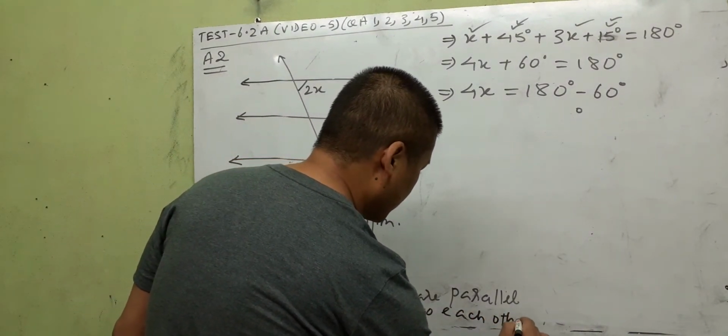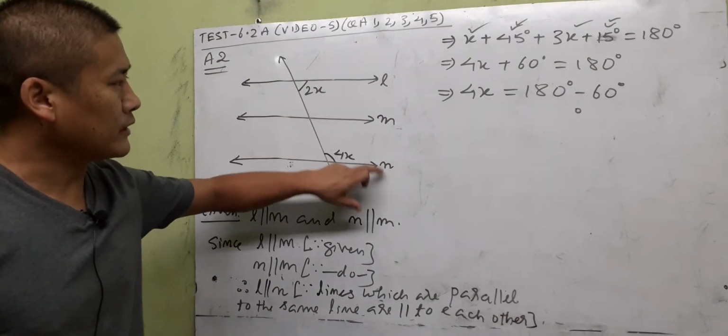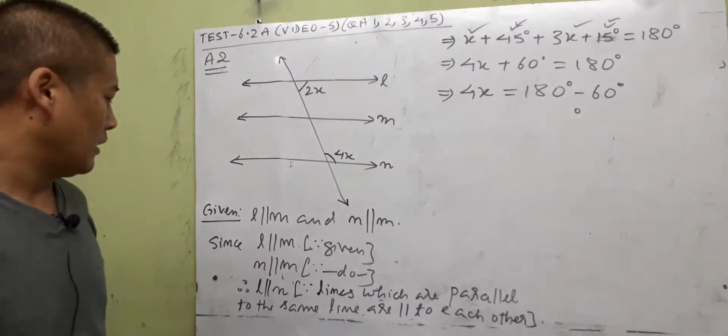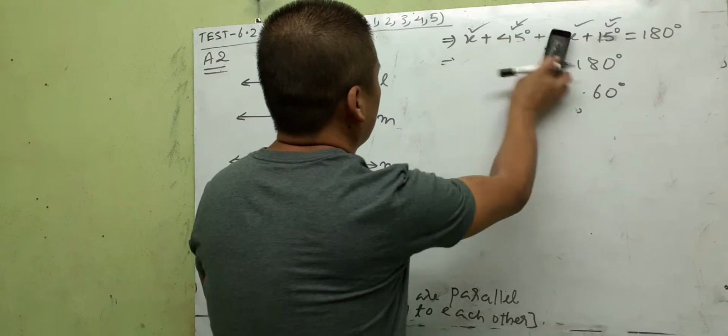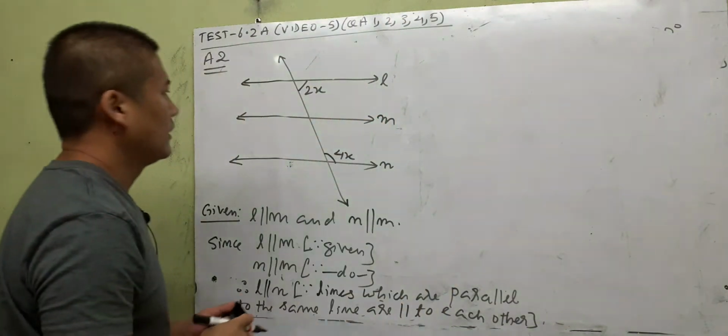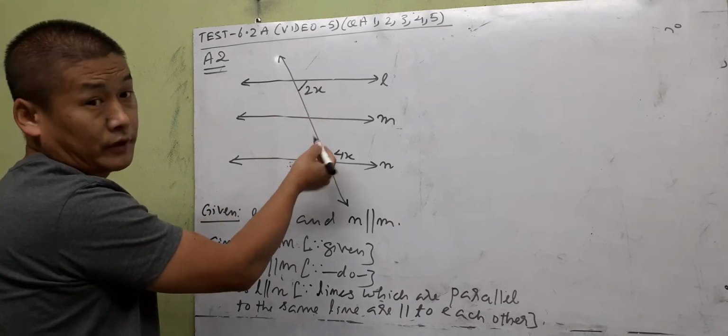We learned this theorem in the last class, that if two different lines are parallel to the same line, those two lines will be parallel to each other. So we got L parallel to M, and L parallel to N. Then see here, 2x and 4x are co-interior.